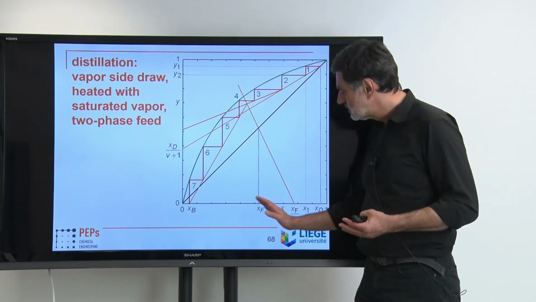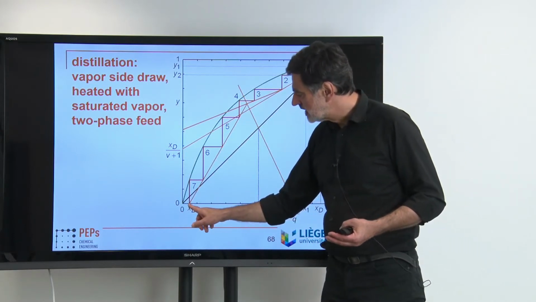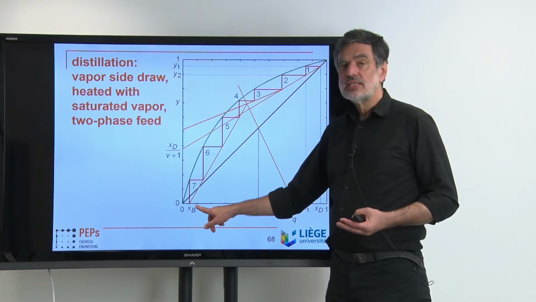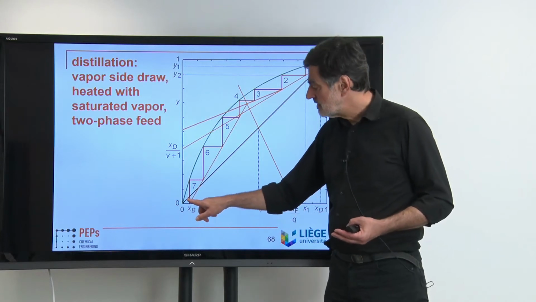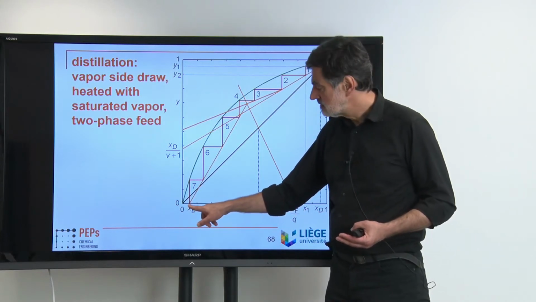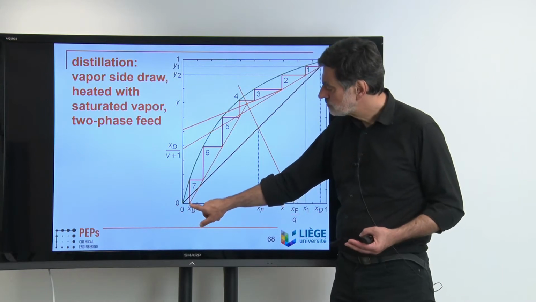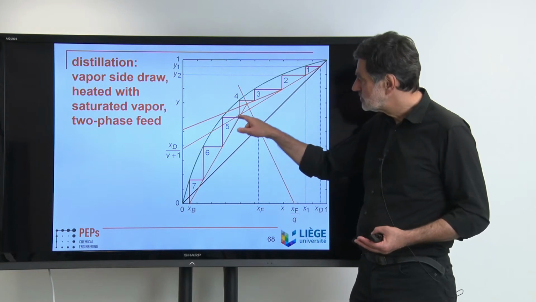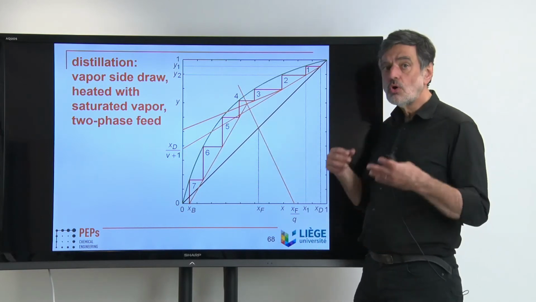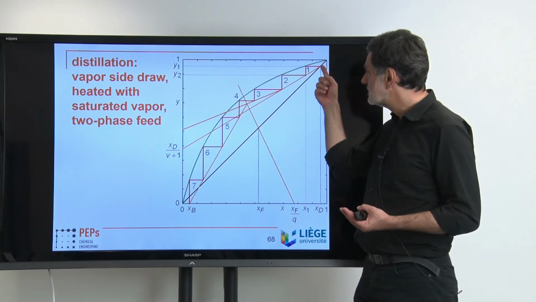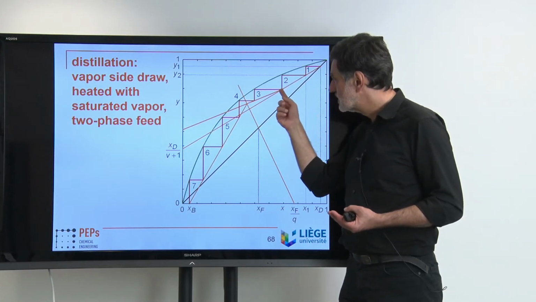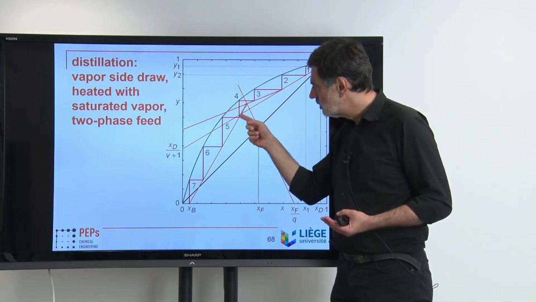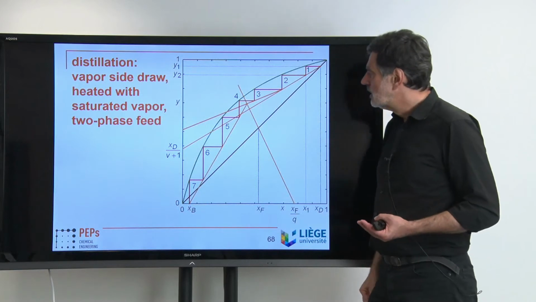Anyway, you get a consistent set of these three compositions. This is our XB. Because it is saturated vapor, that has to lie on the x-axis. And so that's our second point of the stripping line. So this is our stripping line, combining these two points. So overall, our operating line is now this. Here's the kink, and then below our stripping line.